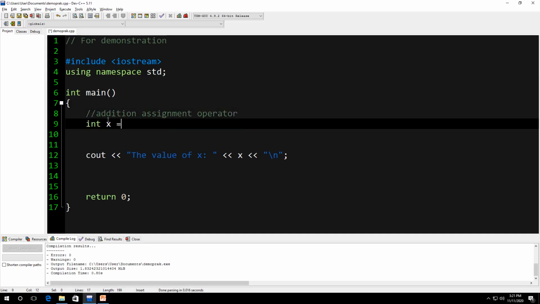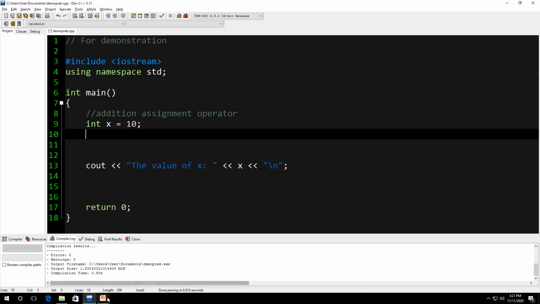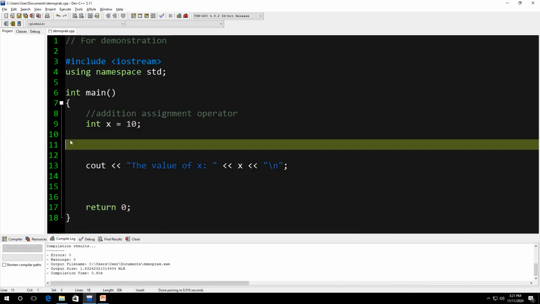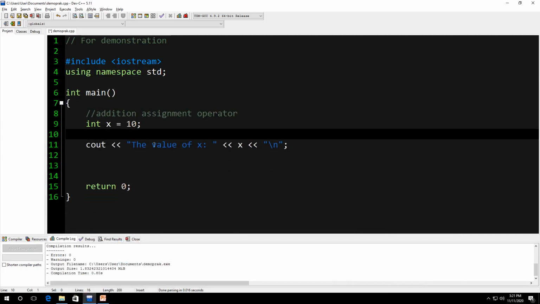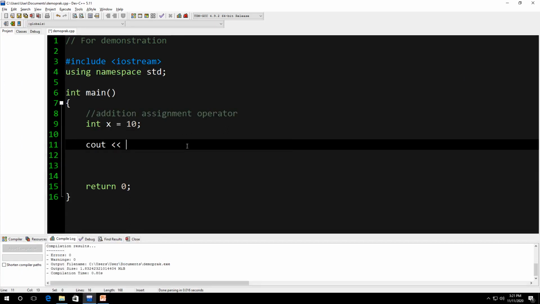Int x is equals to 10, and then we see out x plus equals 5. So let's try.